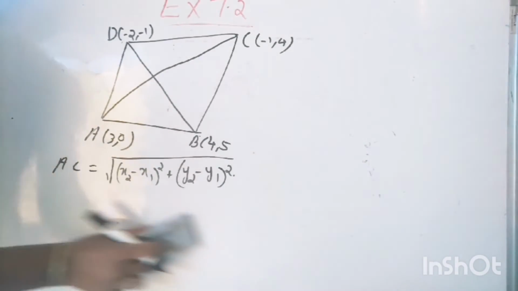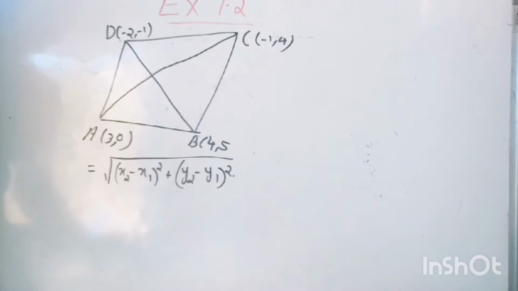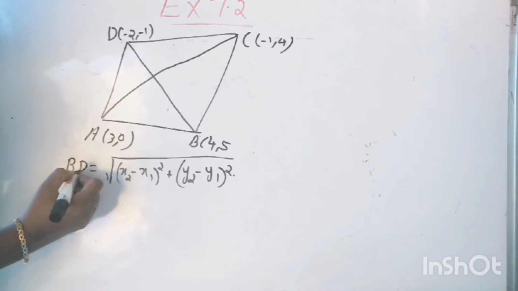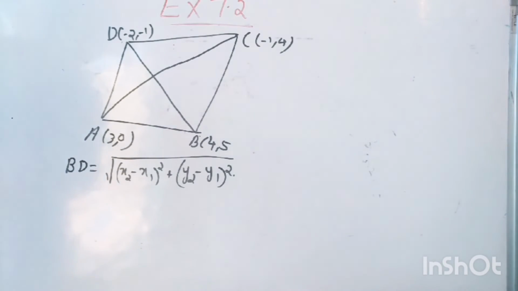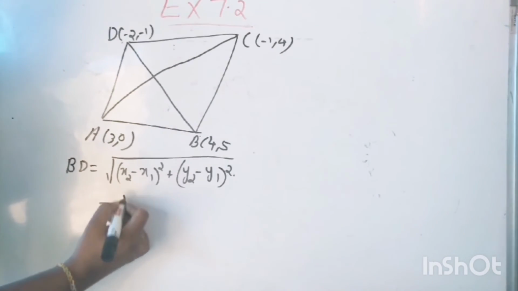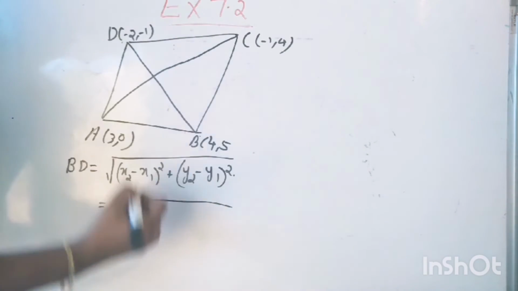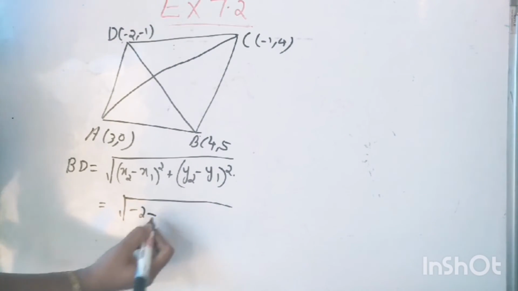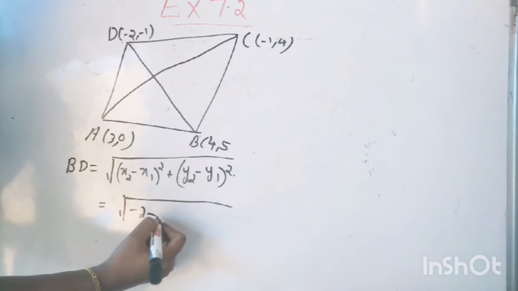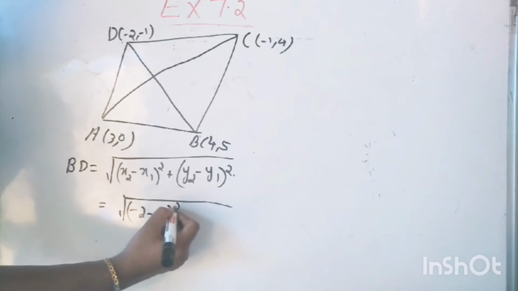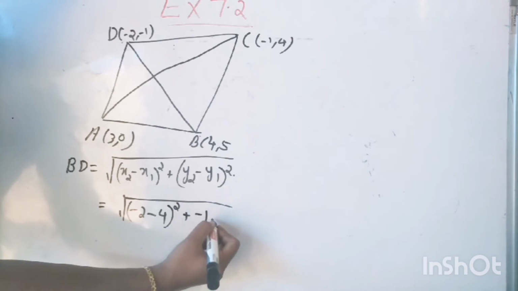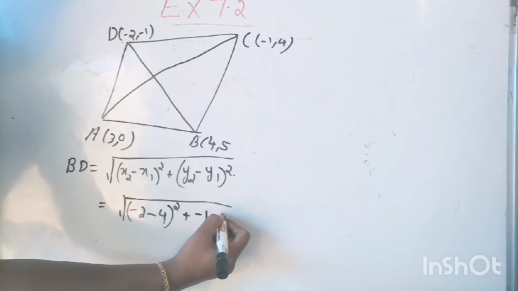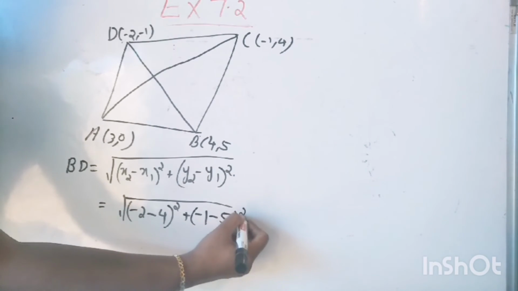Now, the length of the second diagonal BD. Length of the second diagonal BD is equal to the square root of (x coordinate of D minus x coordinate of B) all squared plus (y coordinate of D minus y coordinate of B) all squared.